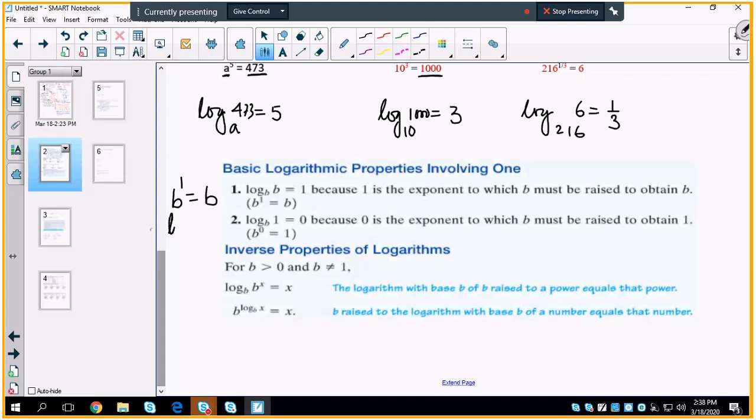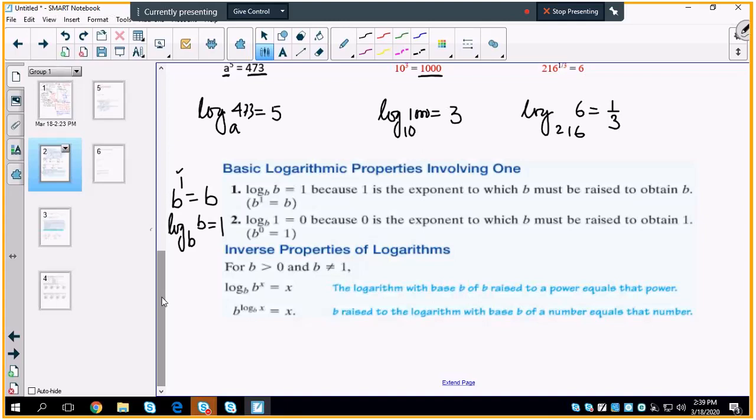So log, the base is b, the output of the exponential is b, so should be the input of the log. The input of the exponential is 1, so should be the output of the log. What does that tell me? That log of b to the base b is always 1, doesn't matter what the base is. As long as the base and the input of the log are the same number, your answer is always going to be equal to 1.